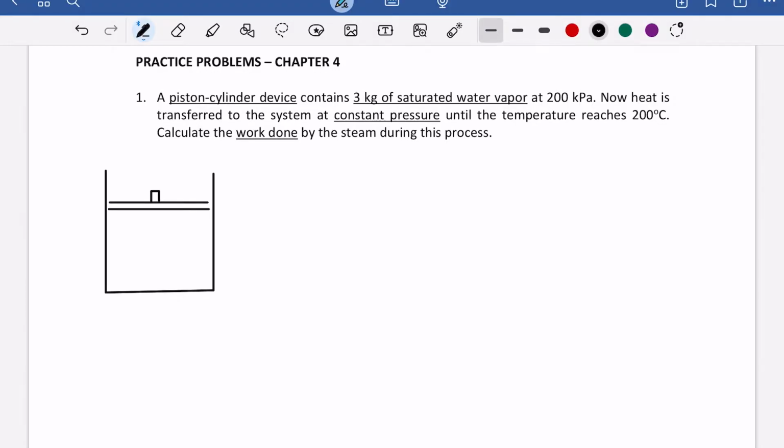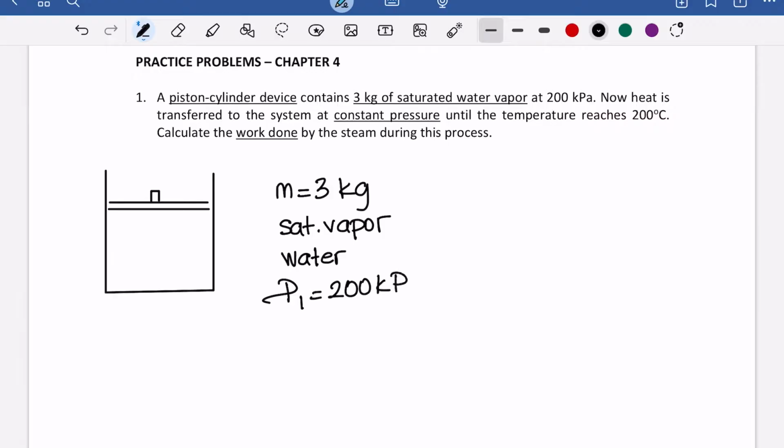So they tell us the mass is 3 kilogram and it is a saturated vapor initially of water, and the pressure is 200 kilopascal.